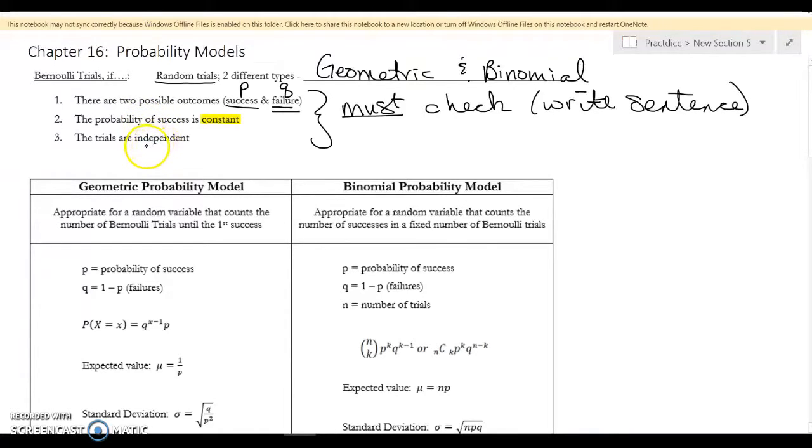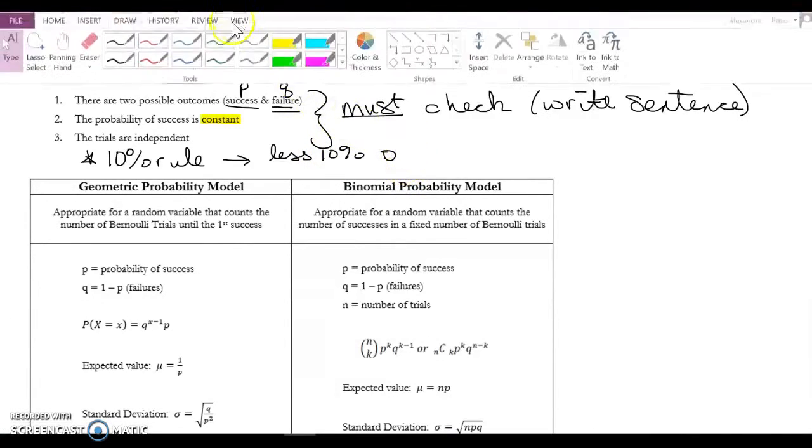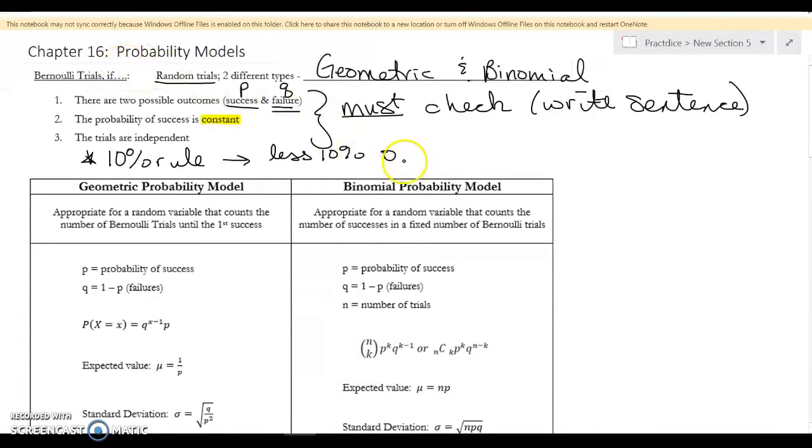The third one is that one event has to be independent of the other event. And there is one rule that kind of makes independence not matter, and that is the 10% rule. For the 10% rule, if you look at less than 10% of the population of everything that you're talking about, then it doesn't need to be independent.